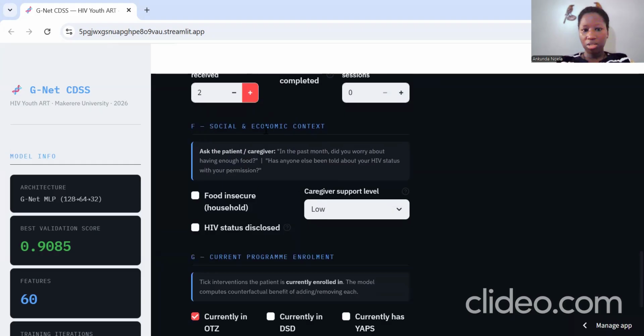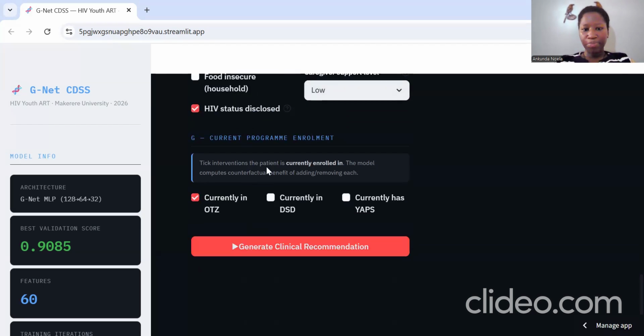Under the social and economic context, does the person have food insecurity? And did the person disclose the HIV status, say they did? And what are they currently on in terms of these interventions?